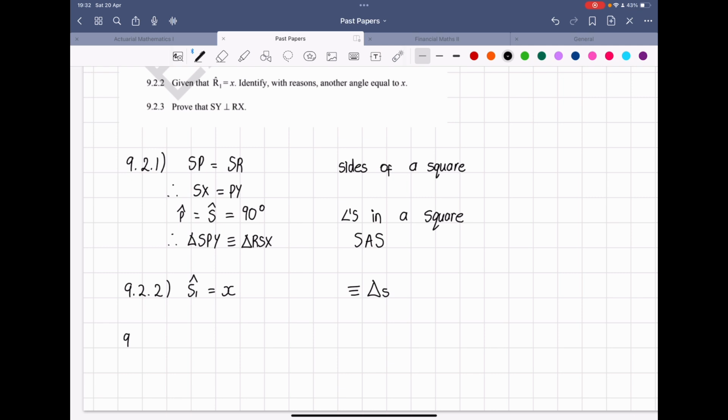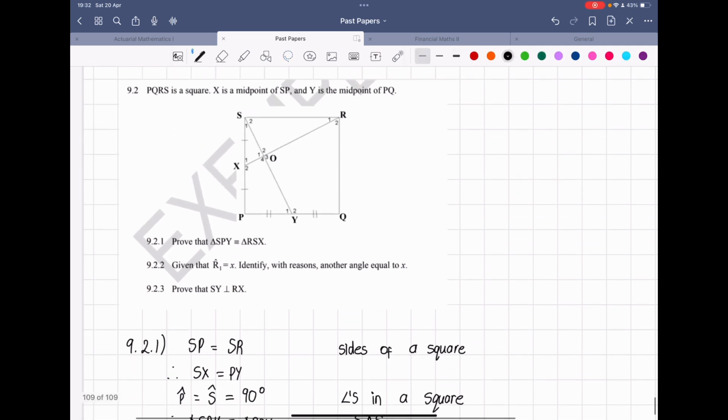And 9.2.3, prove that SY is perpendicular to XR. So I can do that by proving any one of these points, 0, 1, 2, 3, or 4 are 90 degrees.